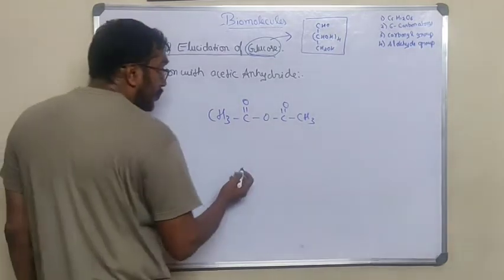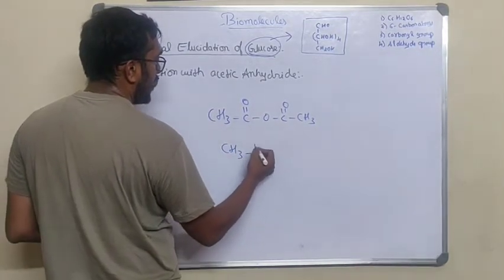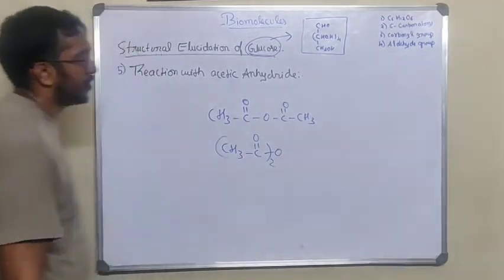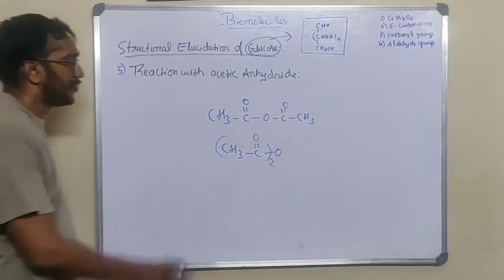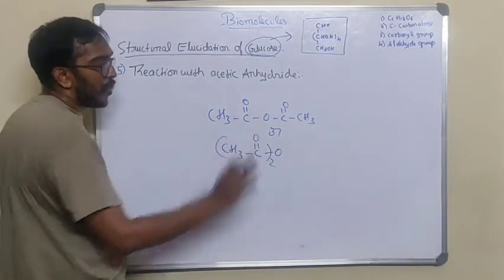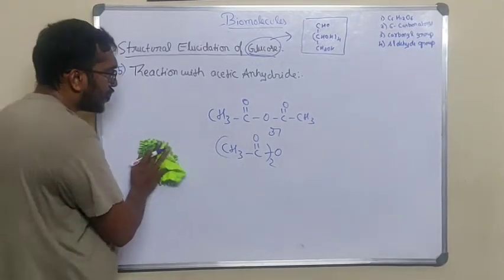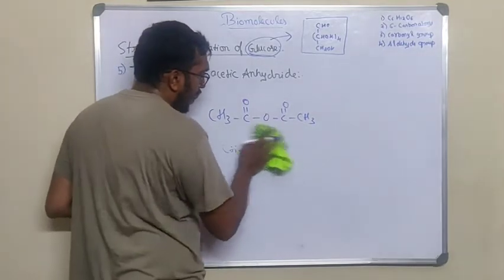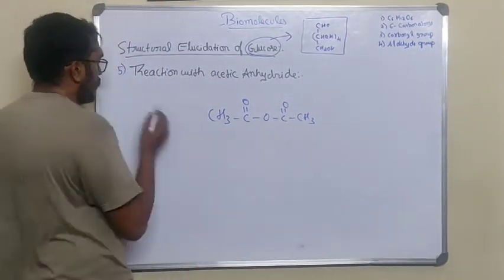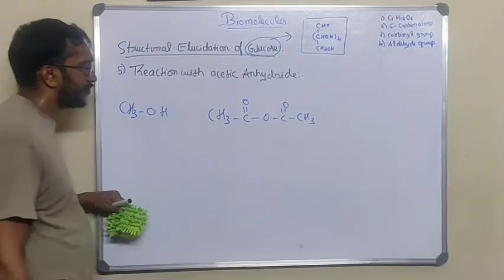This can also be written as CH3 bond C double bond O, 2 times, bond O will be there. Usually, if there is an OH group, let me write CH3 bond OH.